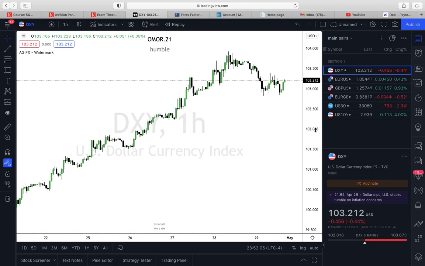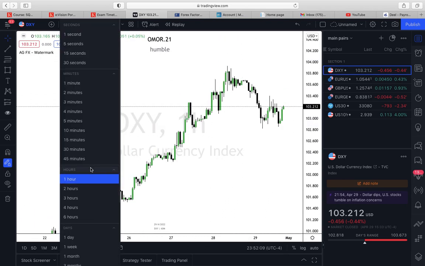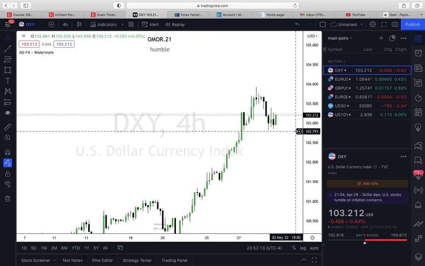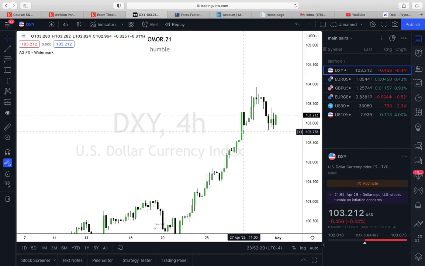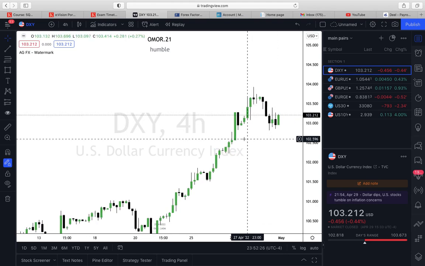The DXY, if you look on the hourly, let's go to the 4 hour. If we go to the 4 hour, right, we have balanced the majority of this fair value gap that was left with this one-sided candle. You see how this candle didn't even offer wicks, right?